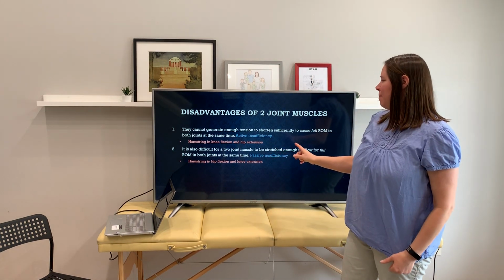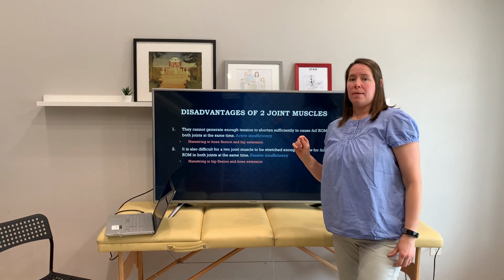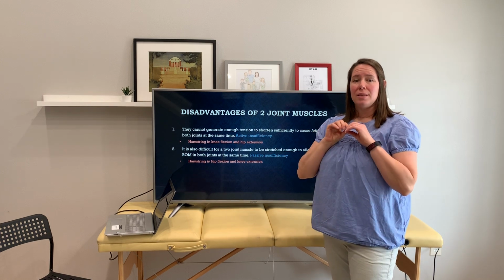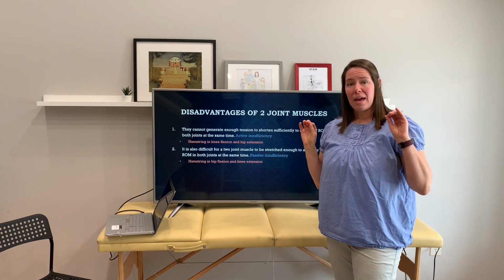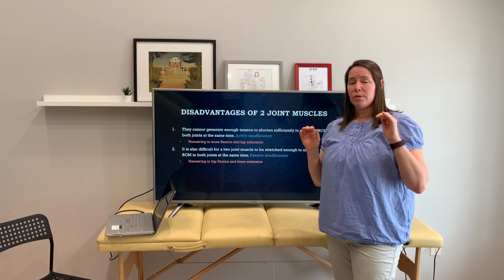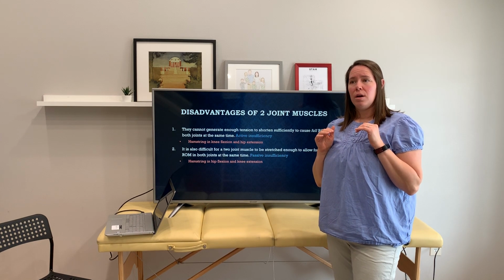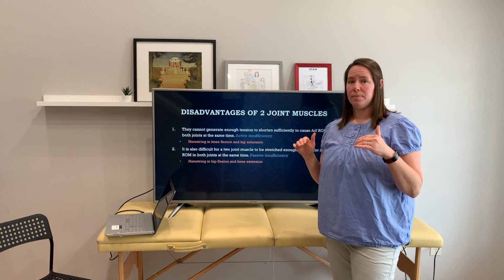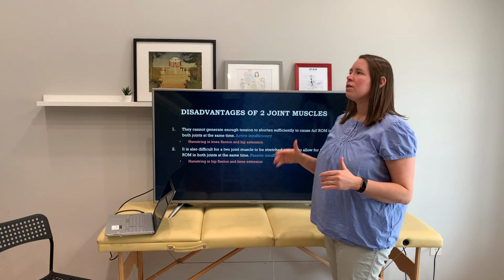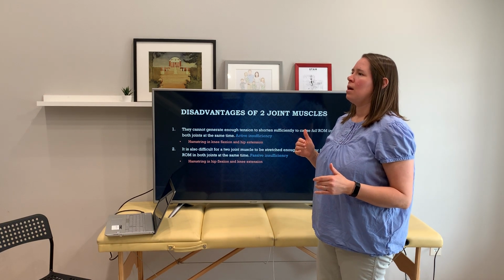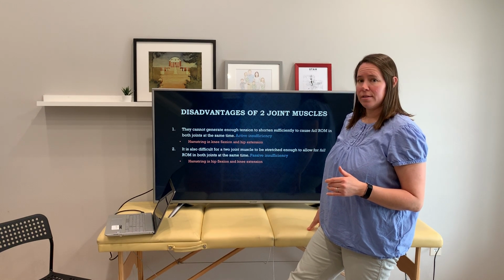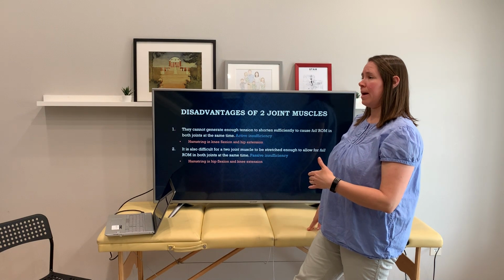Okay, passive insufficiency. This means that a muscle does not have enough length at rest to be able to lengthen over both of the joints it crosses at the same time. So think about if you're laying on your back and you have your leg out straight, so your knee is straight.